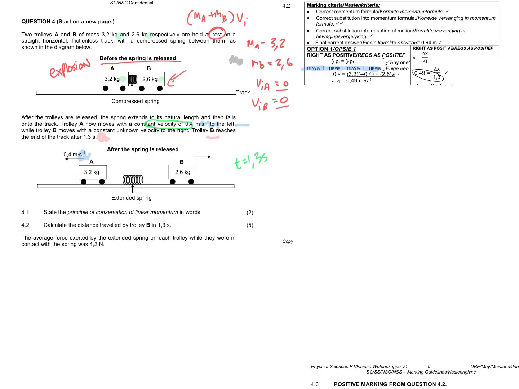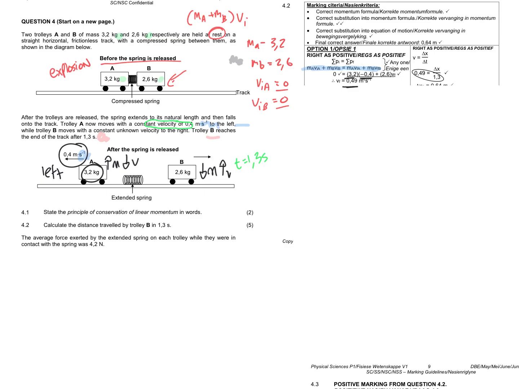So if we are saying that right is positive, we can sub in that the 3.2 is moving at negative 0.4 because this is left. So it must be negative. And we get that the 2.6 is moving at 0.49. I don't know how much you like momentum, but this makes sense because this is a bigger mass, so it has a smaller v than this one, which has a smaller mass and a slightly bigger v.